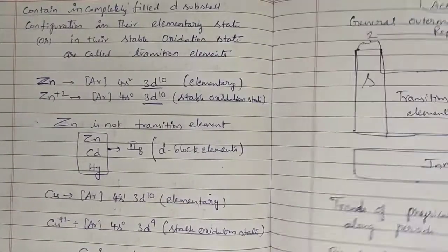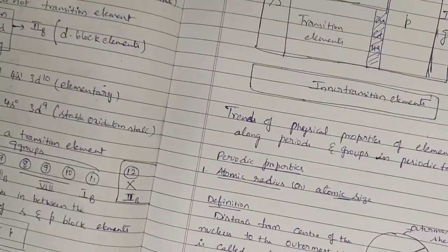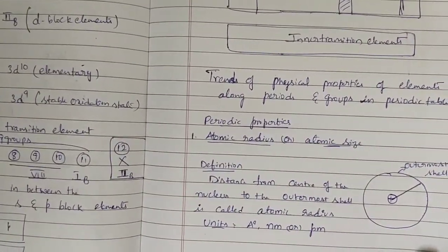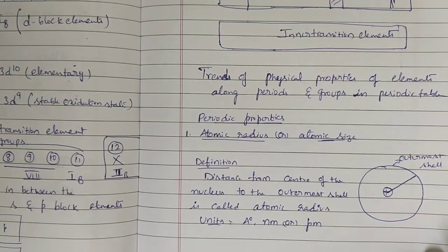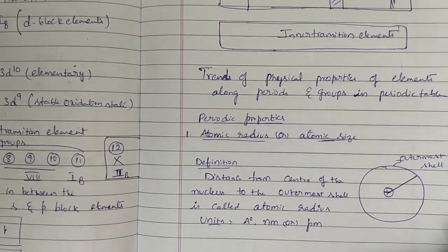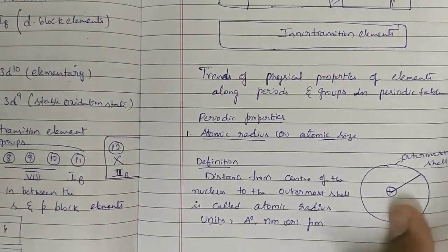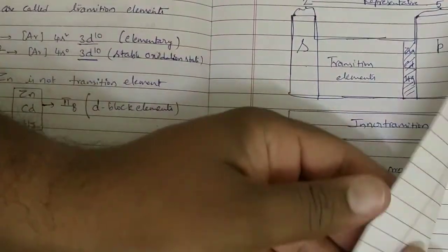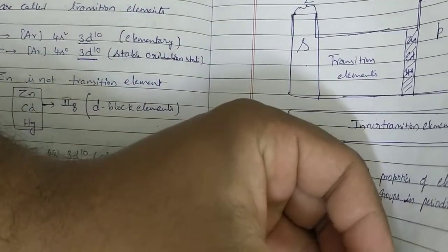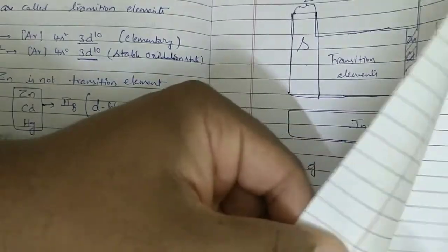Okay, and what is the definition of atomic radius? The distance from the center of the nucleus to the outermost shell is called atomic radius. Units: angstroms, nanometers or picometers. That is okay. But the problem is here, we simply define it using the diagram.